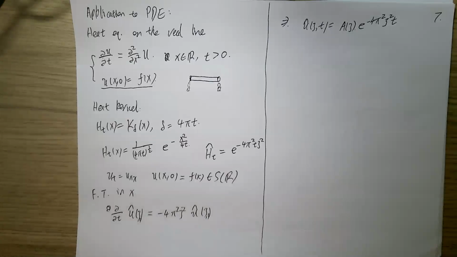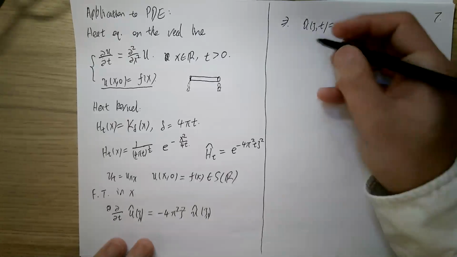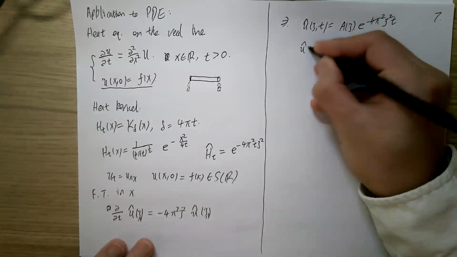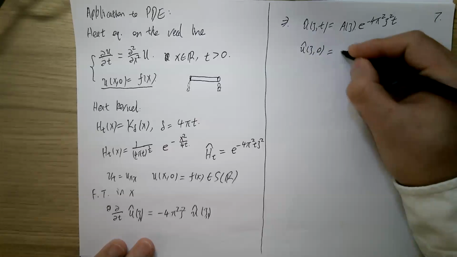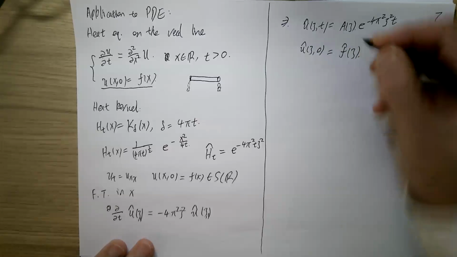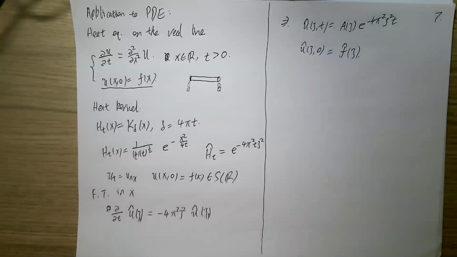That clear? So we have this, and what we also want is u hat at 0 should equal the Fourier transform of f, right? The Fourier transform at initial time.